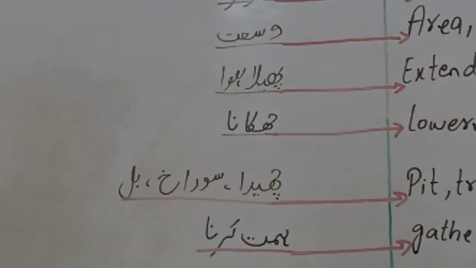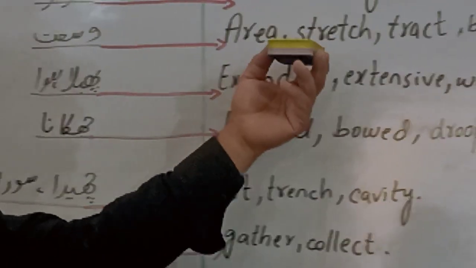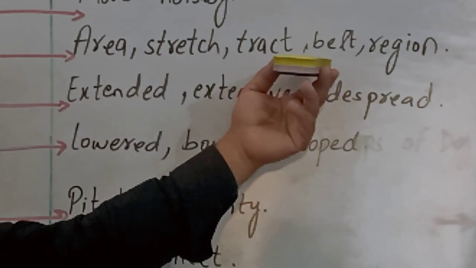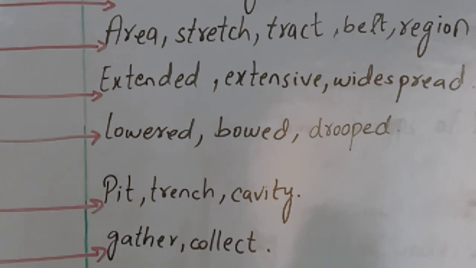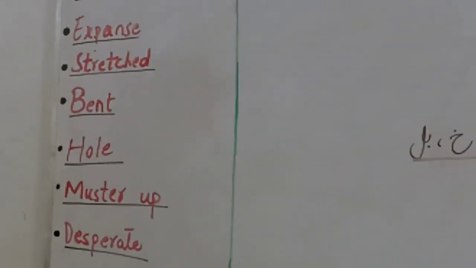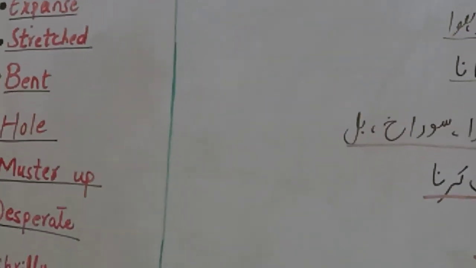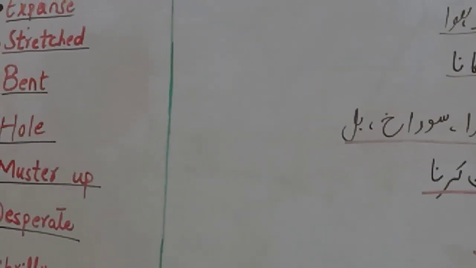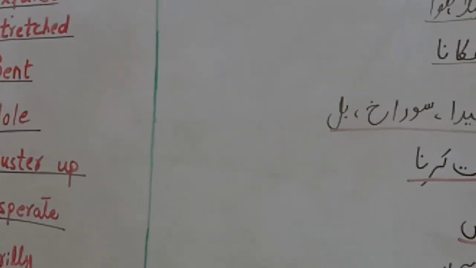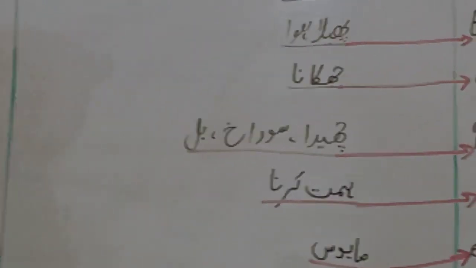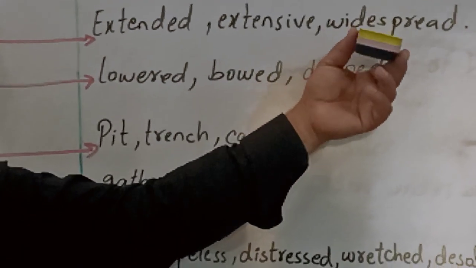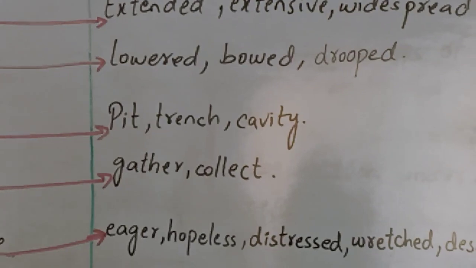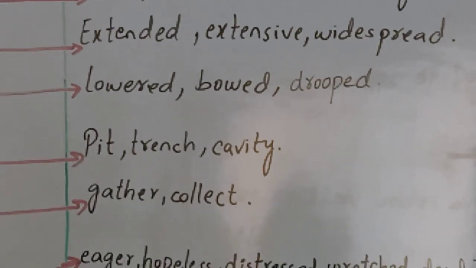Expanse means area, stretch, tract, belt, region. Clear? So you may use any of the synonyms to write your answer. Stretched means extended, extensive, widespread or widely spread. That is also called a stretch.